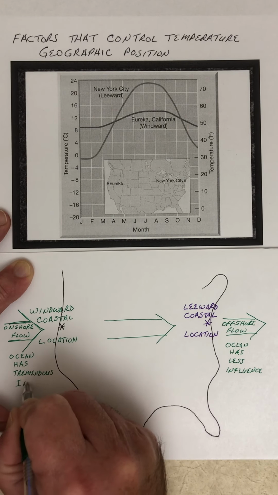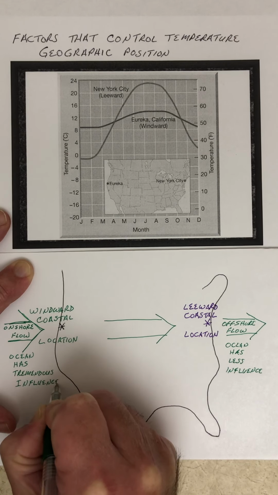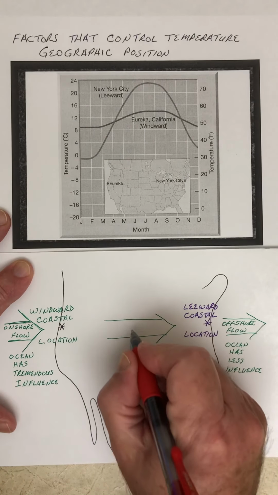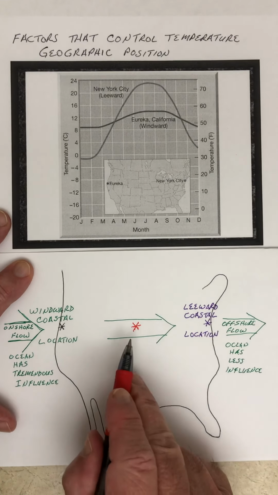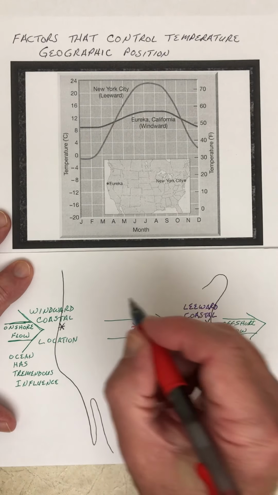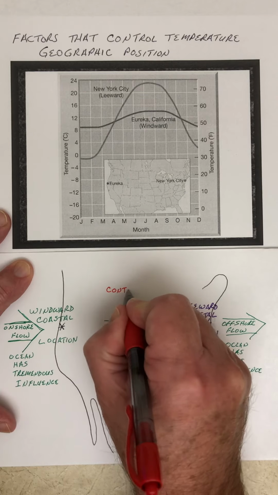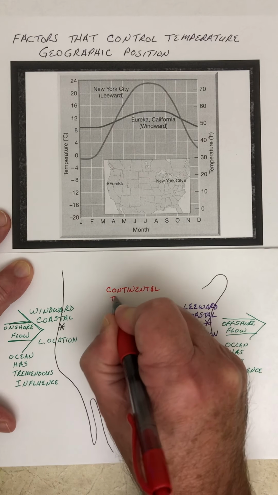All right, and so there's one more location that I want to talk about, and that is in the center of the continent. So if we have a city right here, this is what we call a continental interior location.